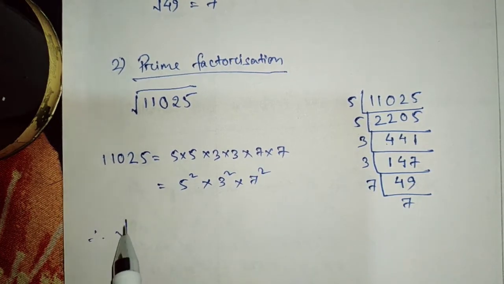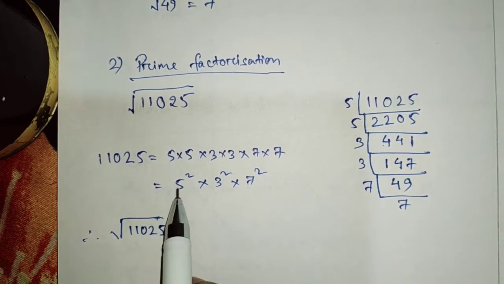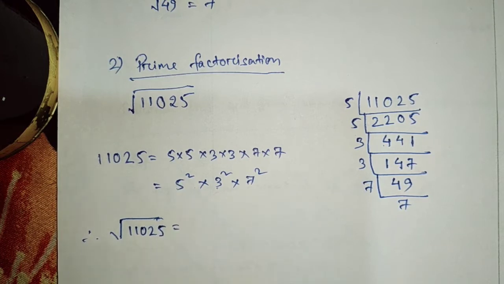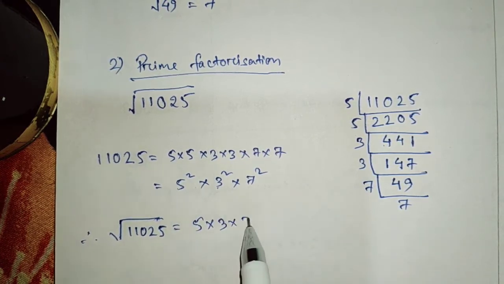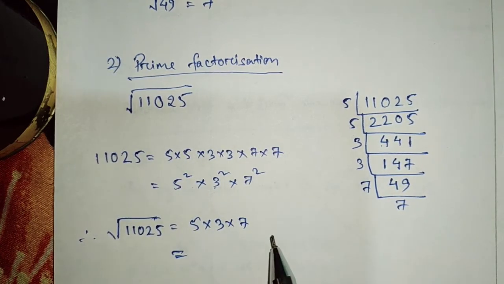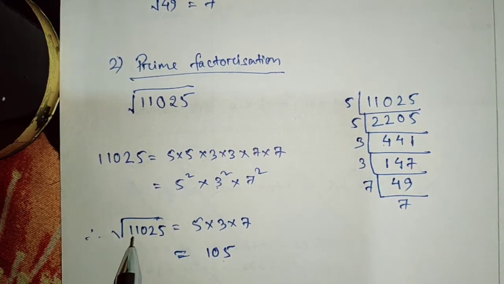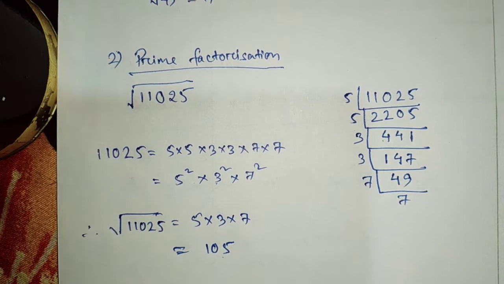So the square root of 11025 will be 5 into 3 into 7. We ignore the squares. 5 times 3 is 15, 15 times 7 is 105. So 105 will be the square root of this number.